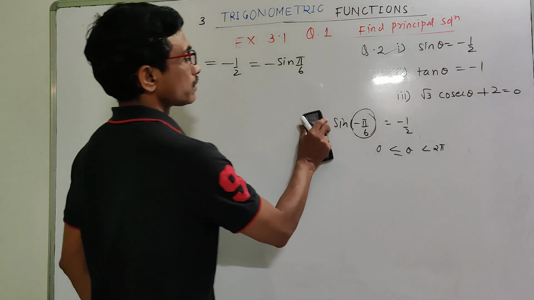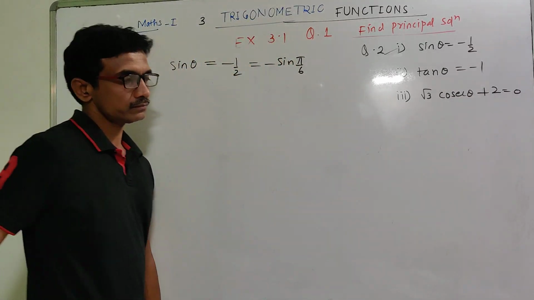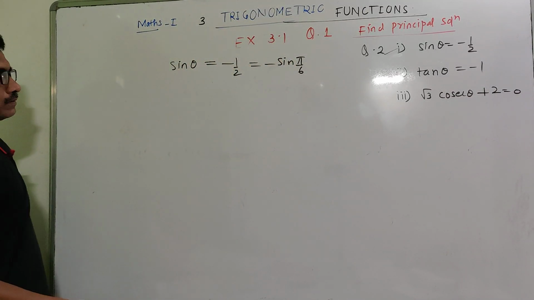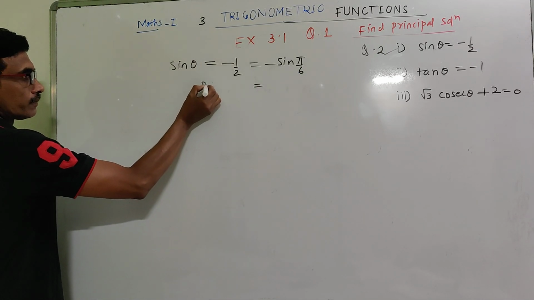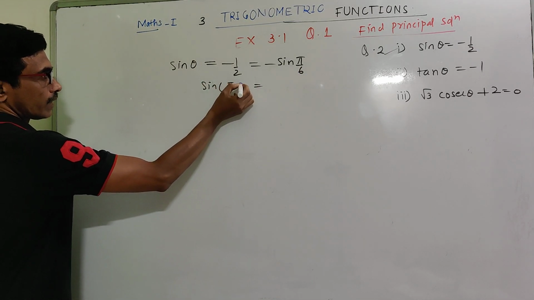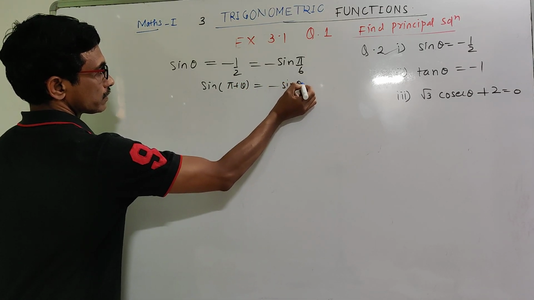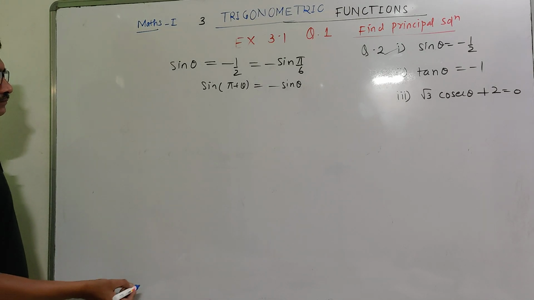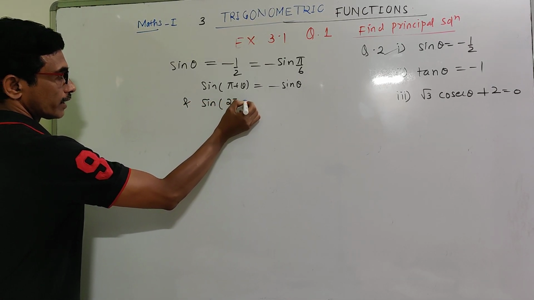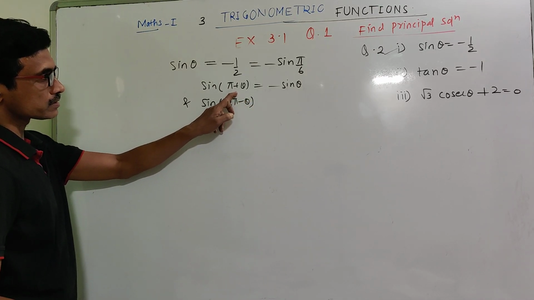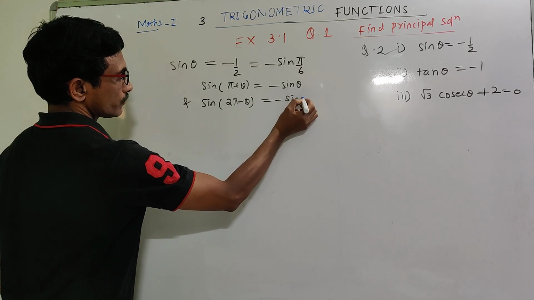So the answer will be in the third and fourth quadrant. With this minus sign of pi by 6, you know sin of pi plus theta is equal to minus sin theta, and sin of 2 pi minus theta, that is the fourth quadrant, this is the third quadrant, is again minus sin theta. We will use this.